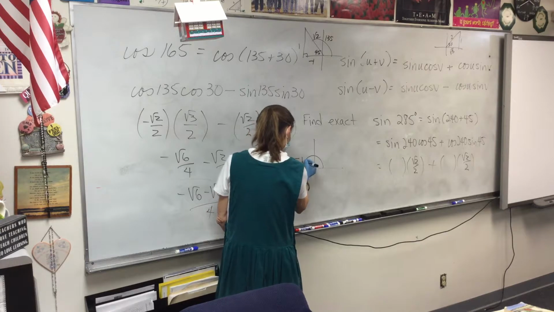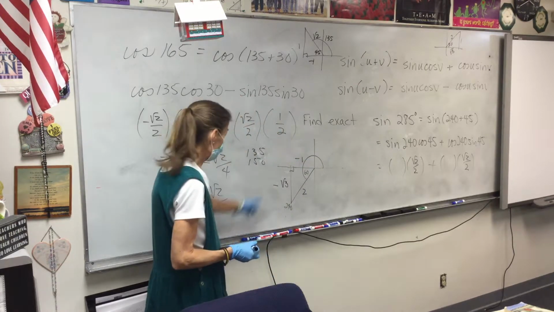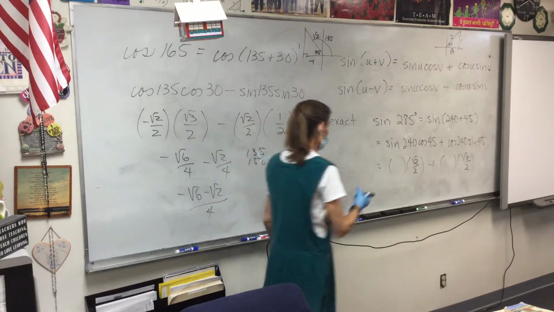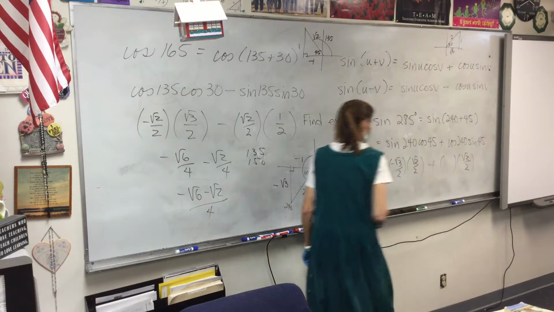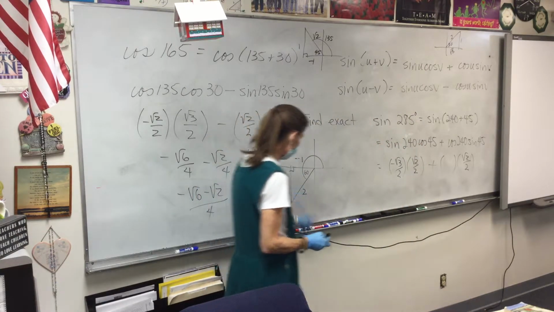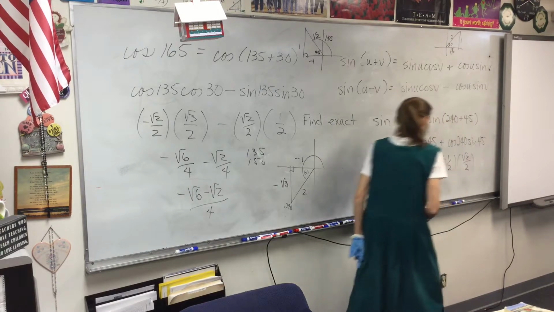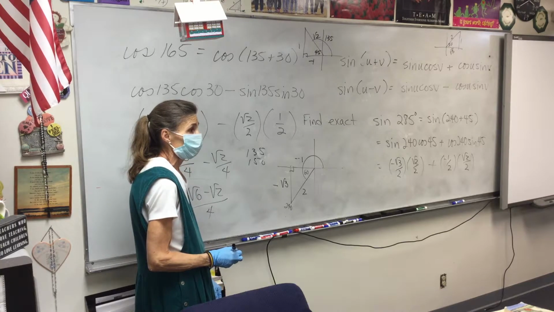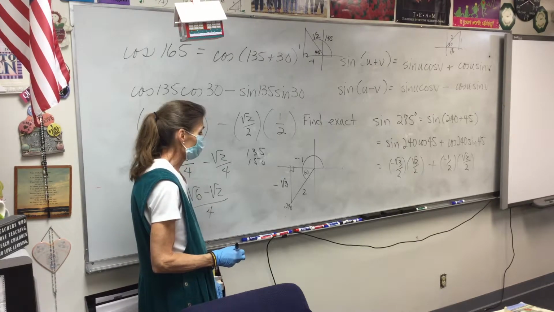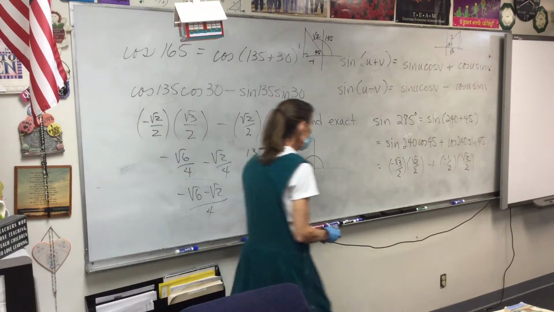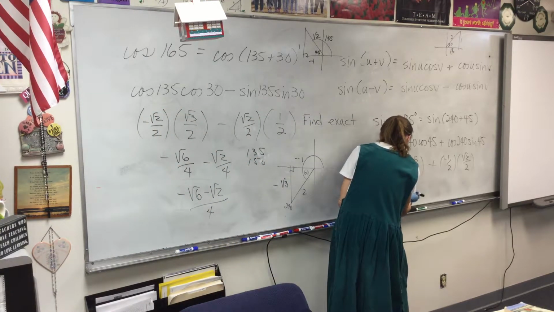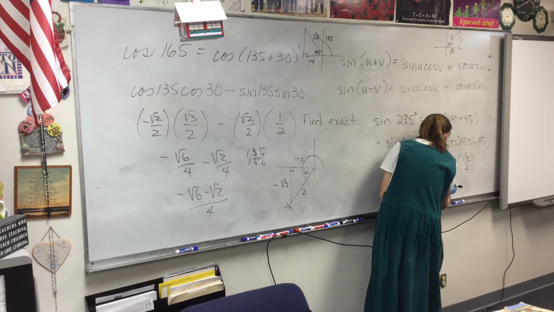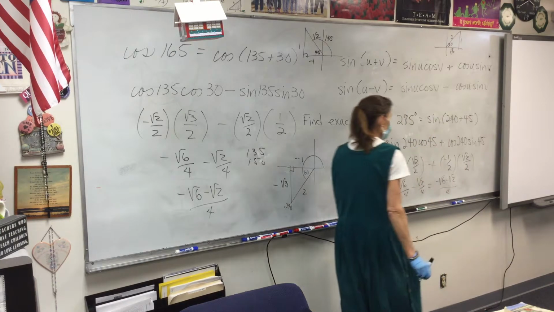This is still root 3, this is still 1, and this is still 2. But these are negative. So the sine will be negative root 3 over 2. And the cosine will be negative 1 half. So you're just looking off the angle 60. So I end up with negative root 6 over 4 minus root 2 over 4, negative root 6 minus root 2 over 4. Same numbers I got before.